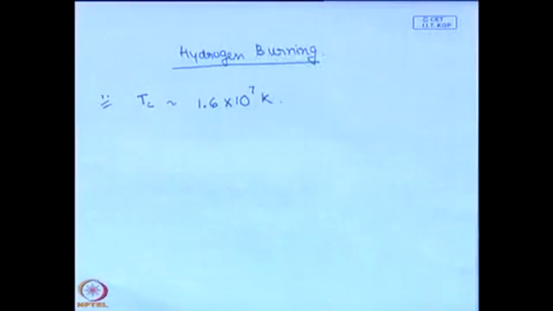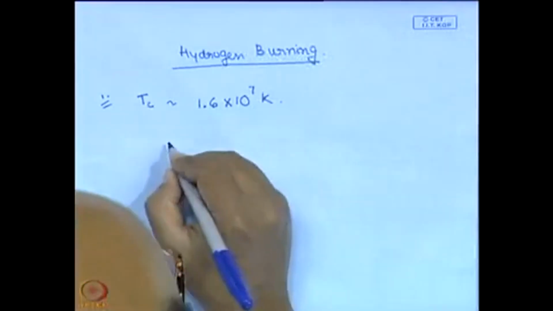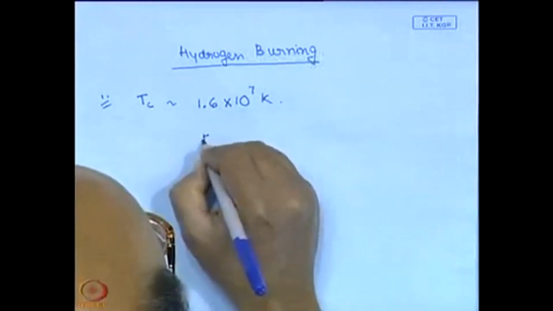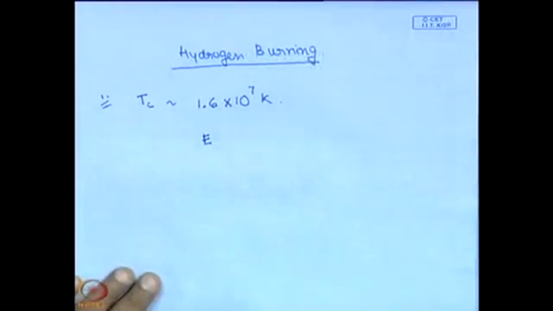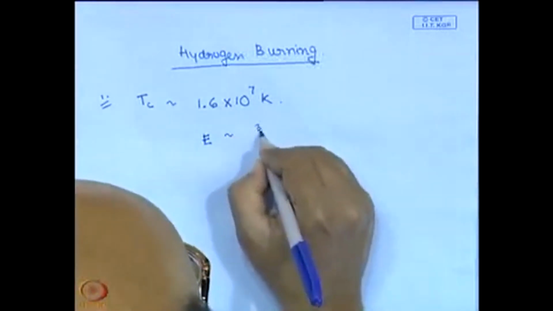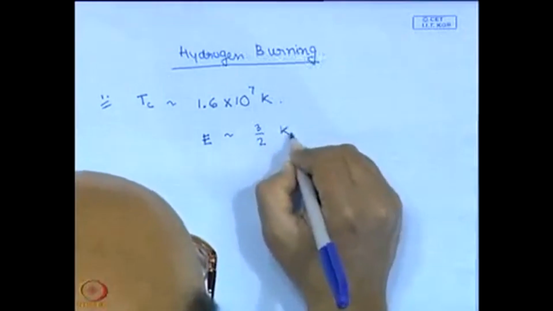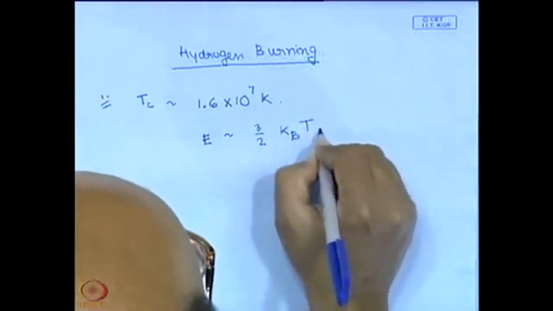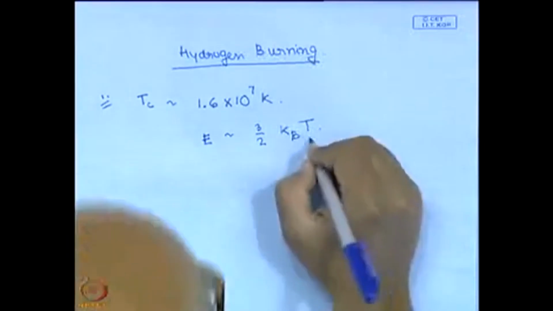We know from kinetic theory that the average energy of a particle at this temperature is 3 by 2 the Boltzmann factor into the temperature.